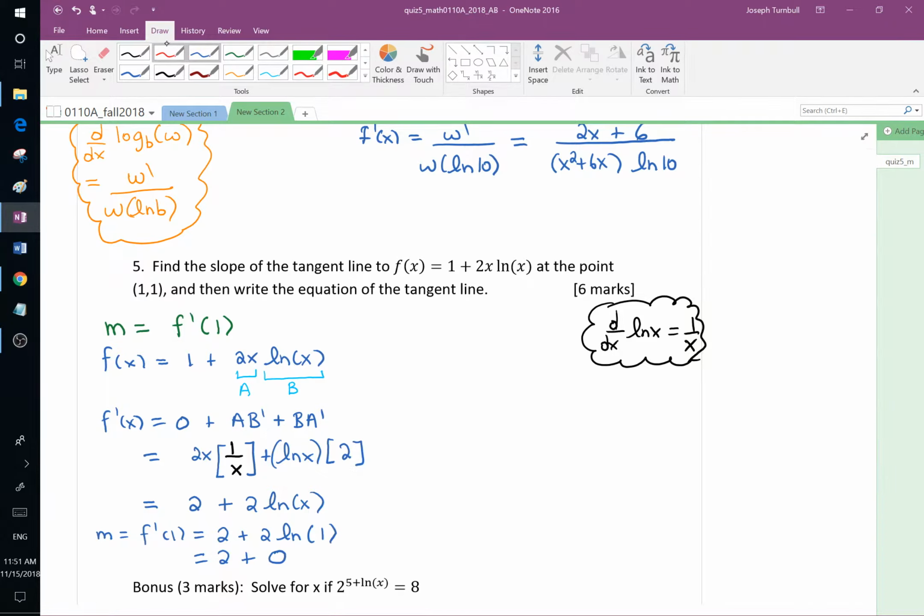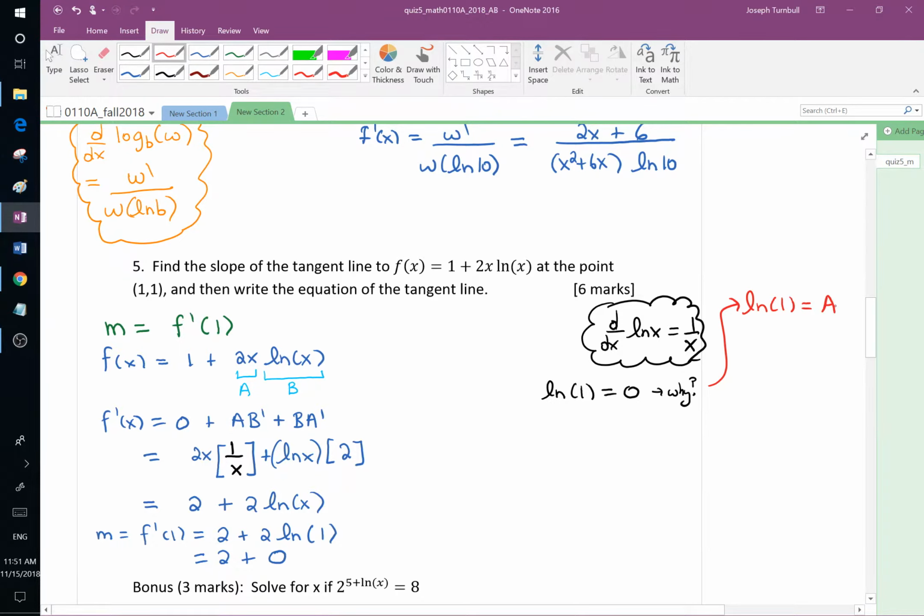So I'll write that down as well and explain why. Ln of 1 equals 0. Why? So here's the reasoning. Say we don't know what ln 1 is. Ln 1 is equal to unknown. I'll call it A for the answer.